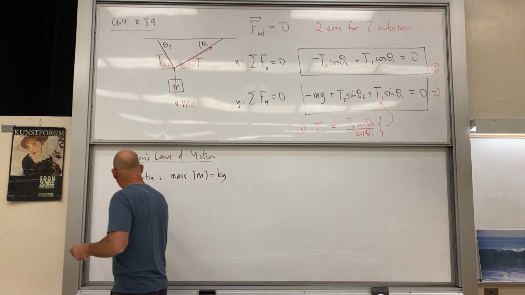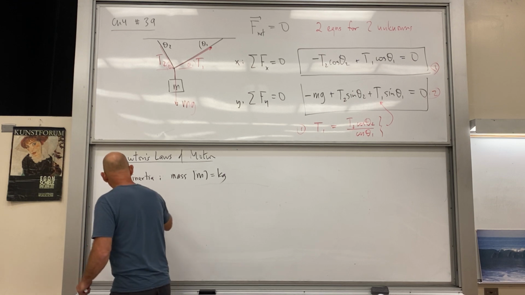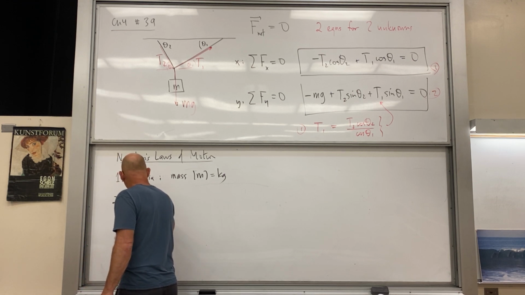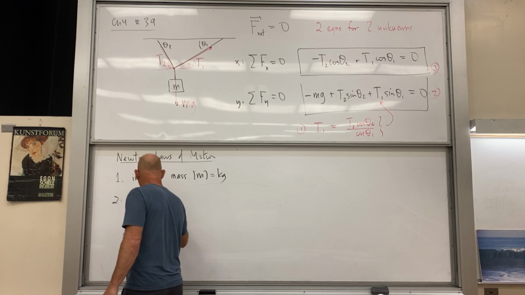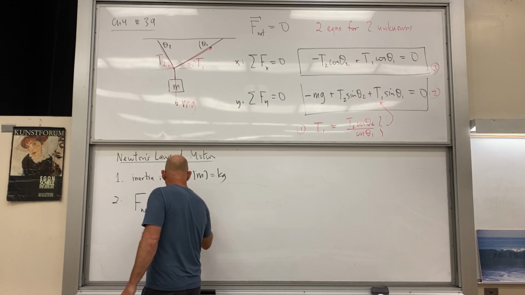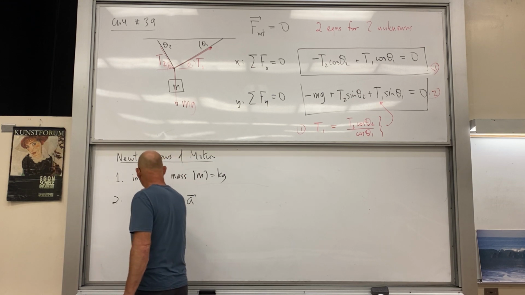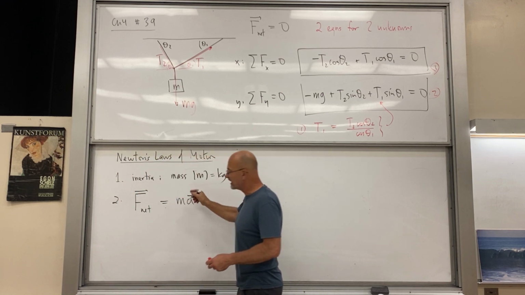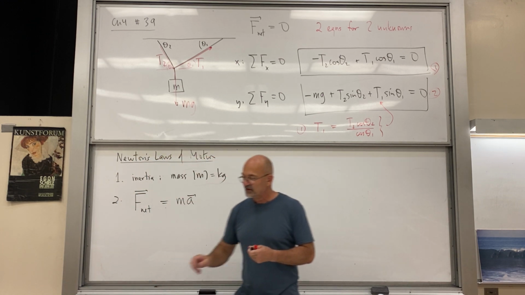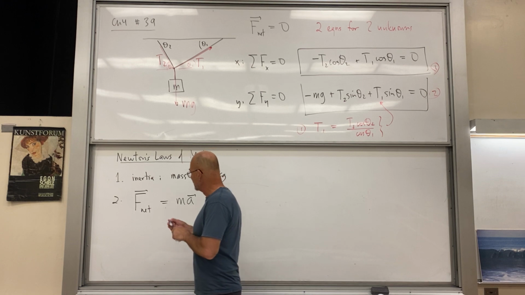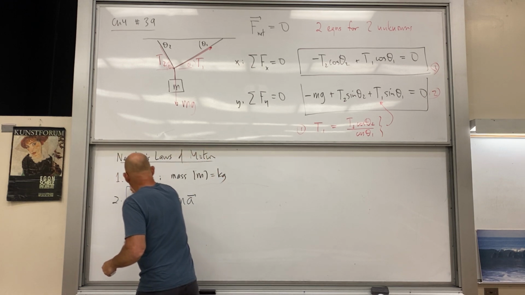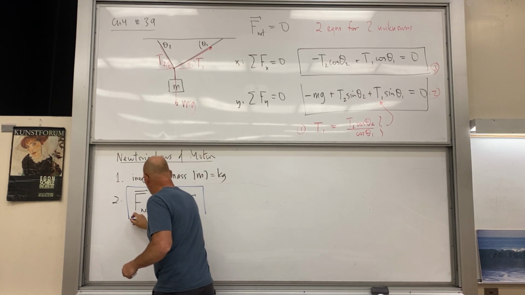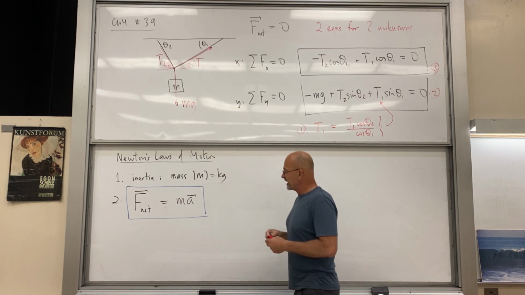Now the second law, the one we're going to work with quite a bit today, is that the net force on an object is equal to the mass times the acceleration. This is a very rich statement, okay, because it involves a lot.